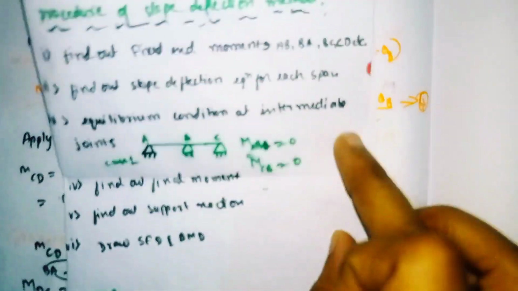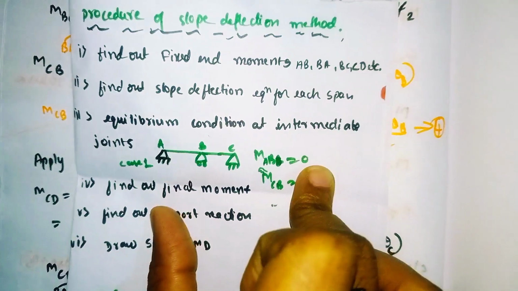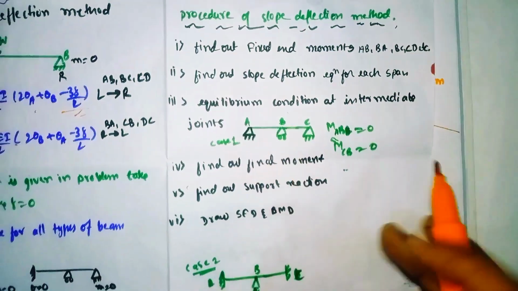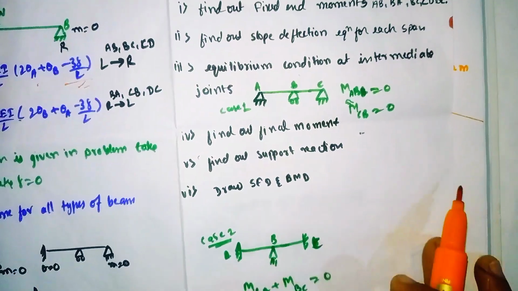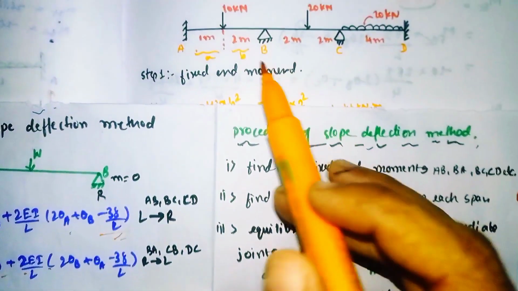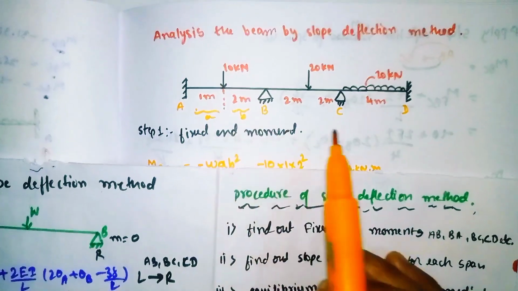Next, our third step is applying the equilibrium condition. This equilibrium equation is for a point with 3 points, but our beam has 4 points.